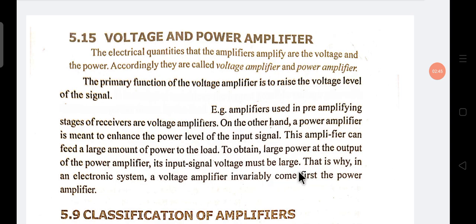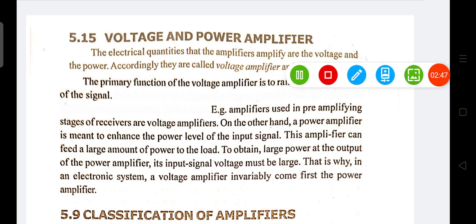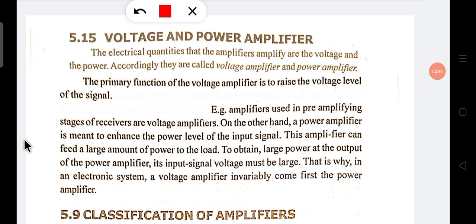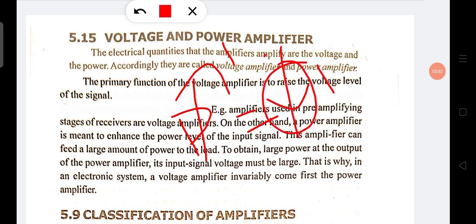Power is directly proportional to V, because P is equal to VI. So if power will increase, then voltage also will be increased.